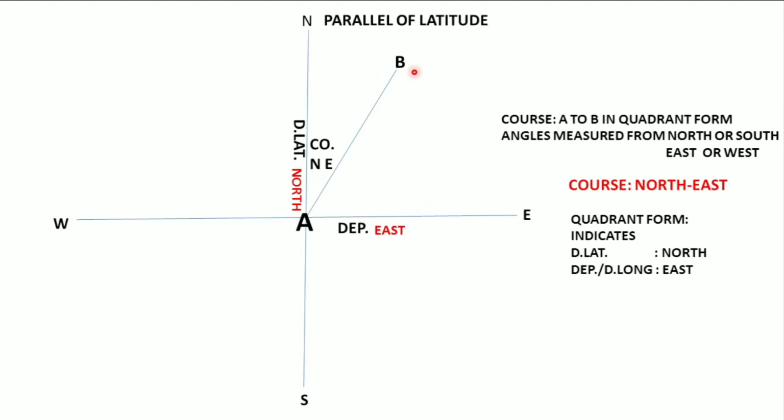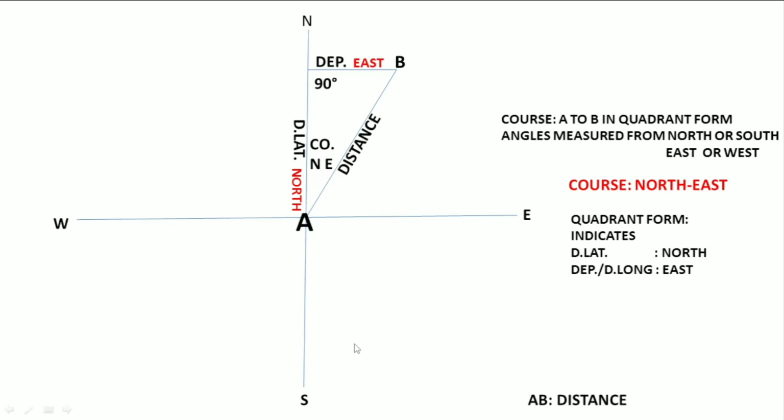If I drop a parallel of latitude from here onto the meridian, that would make an angle of 90 degrees, because all your latitudes cut the meridian at 90 degrees. And now we have got a plane right angle triangle, which we can solve to get anything in this. As long as I know two things, I can find out the rest of the parameters of the triangle.